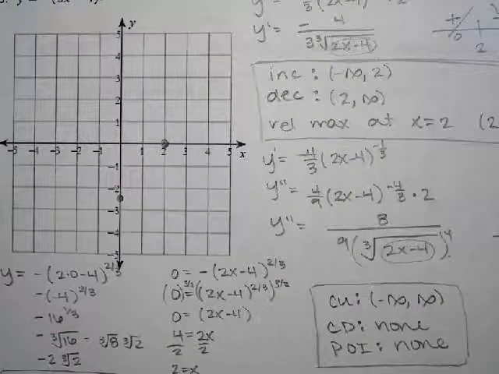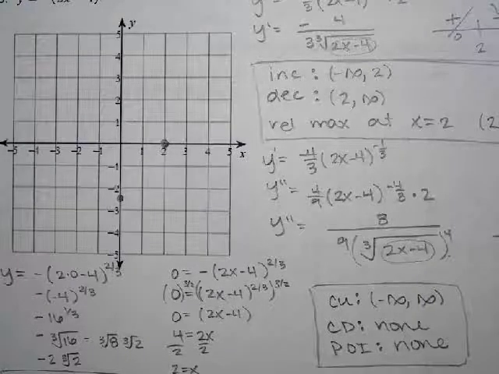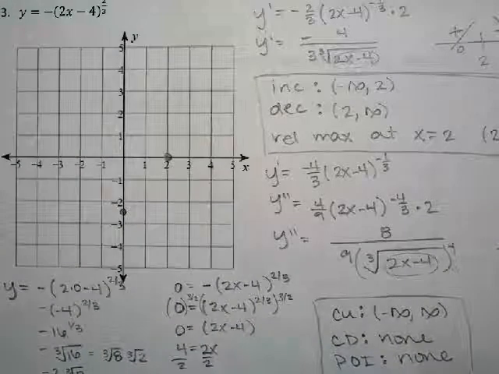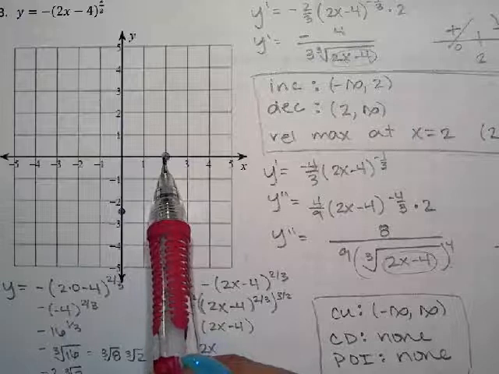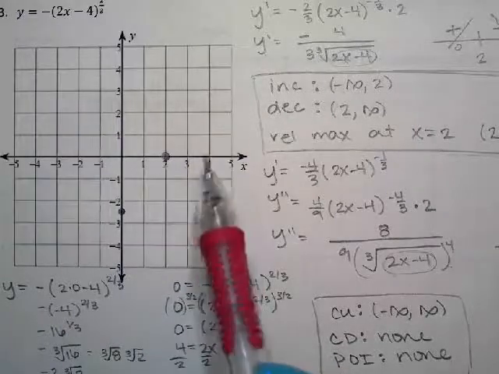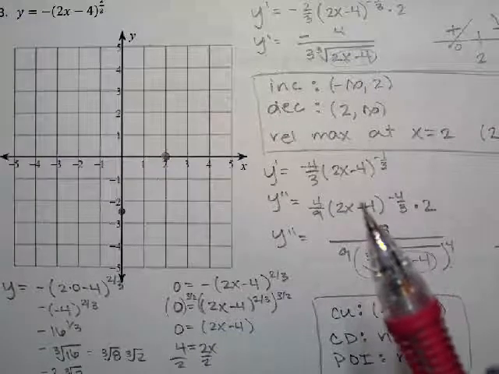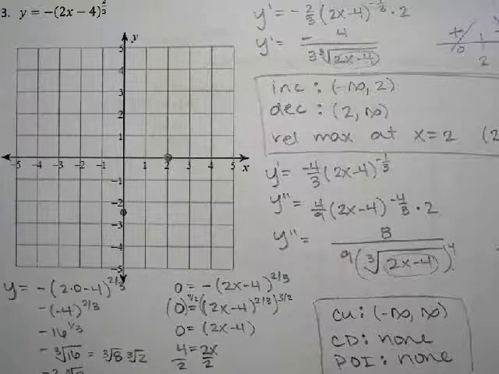A lot of the graphs that we deal with do have symmetry. So if we start with this, we know that we have a relative max at 2, so this is the high point on our graph. We know that the entire graph is concave up, so the entire graph kind of looks like a bowl shape. Does that make sense?